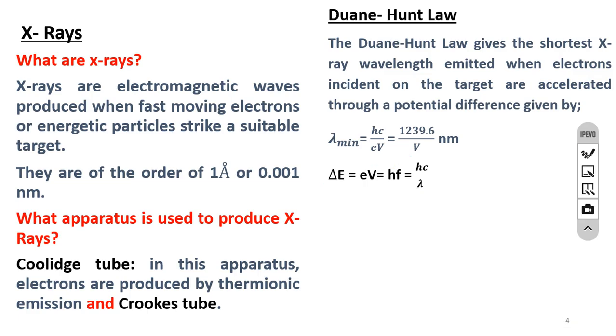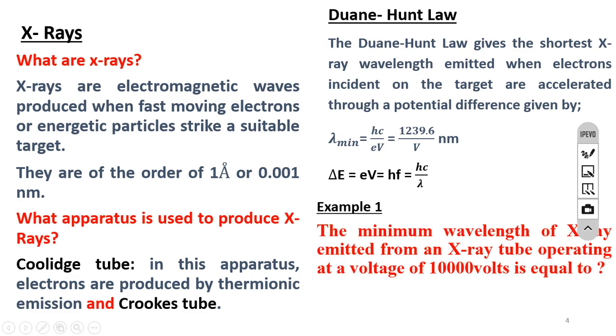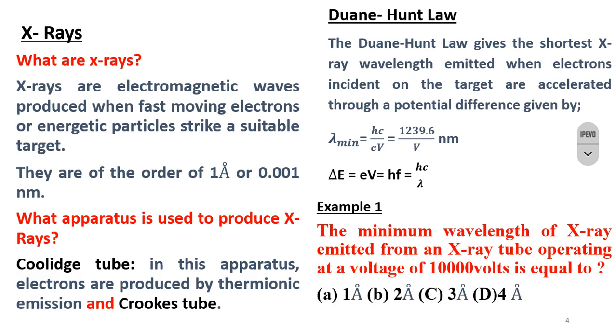Okay, so let's continue. Let's consider this example. The minimum wavelength of X-ray emitted from an X-ray tube operating at a voltage of 10,000 volts is equal to, these are the options, 1 angstrom, 2 angstrom, 3 angstrom, 4 angstrom.